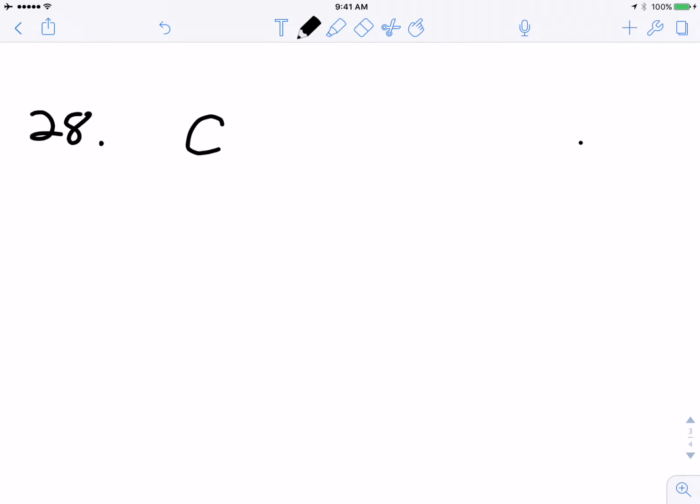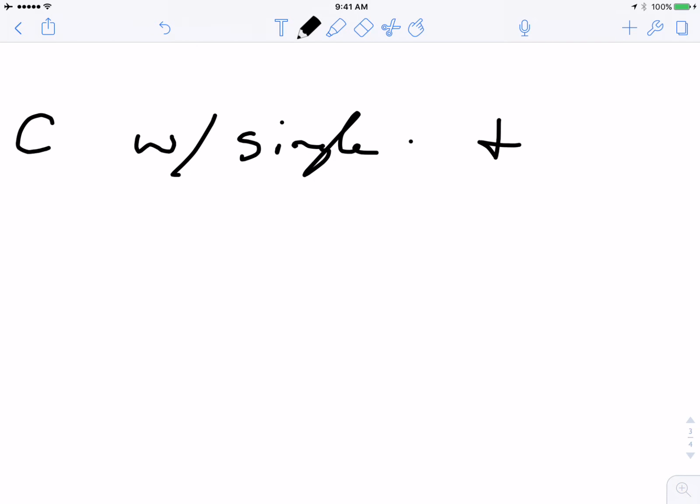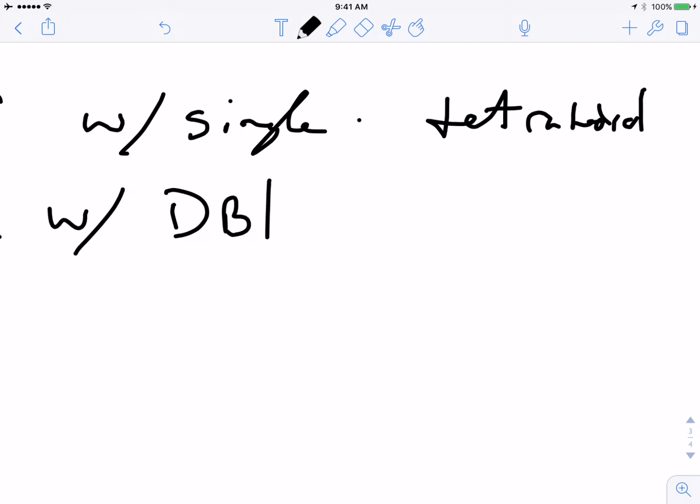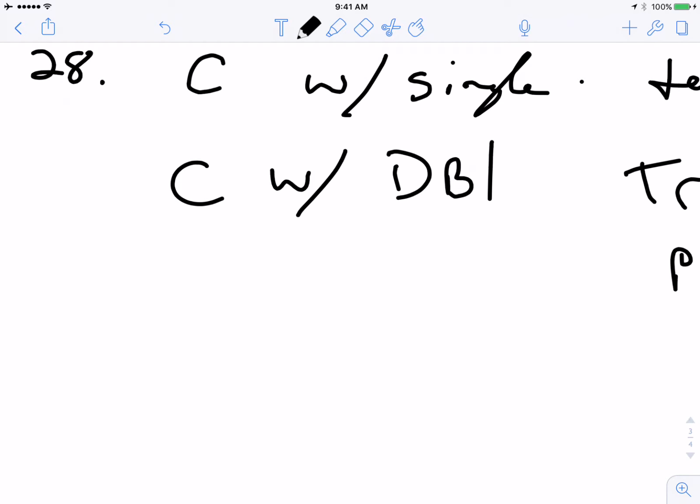28. Carbon, my favorite. If it has all single bonds, it's a tetrahedral. If carbon has one double bond, it's trigonal planar.